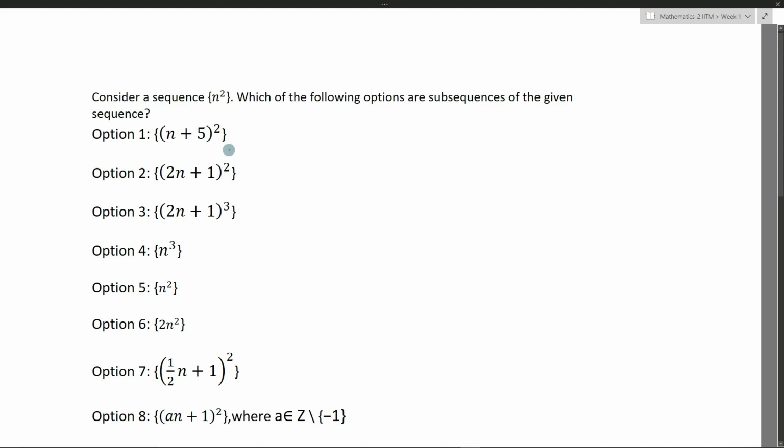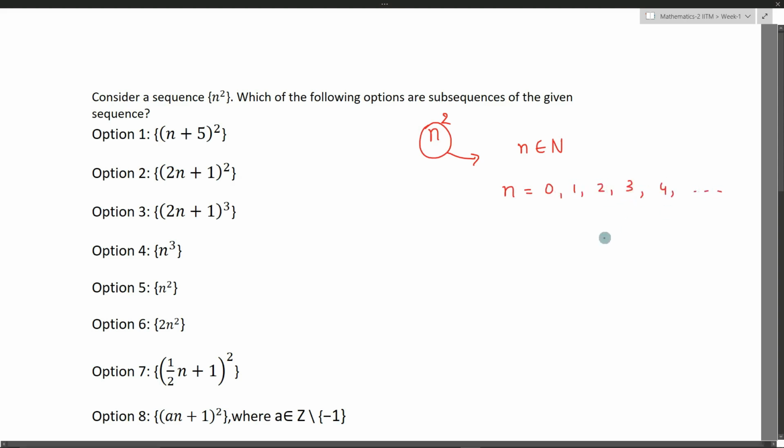Let us say I have a sequence of n, where n belongs to the natural numbers, that is n is equal to 0, 1, 2, 3, 4, etc. Let's check what will be the subsets of n. What will be n plus 5? I'll have 5, then 1 plus 5 is 6, 2 plus 5 is 7, 3 plus 5 is 8, and so on, right? Again, this is a subset of n.